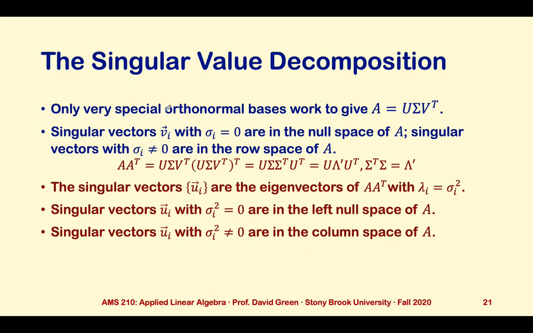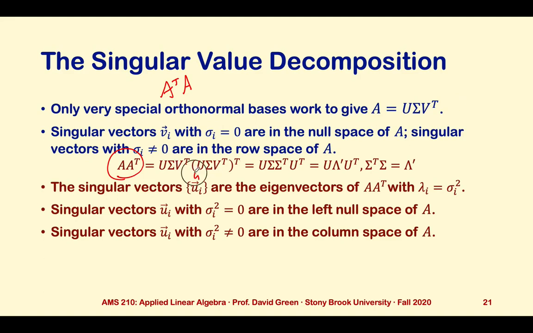Now, how did we get this? We got this by working with the product A transpose A, which we know to be a symmetric matrix. We can just flip this around. We could also have done the same analysis, but working instead with A A transpose. Let's do the same thing. We plug in U sigma V transpose, and propagate the transpose through.